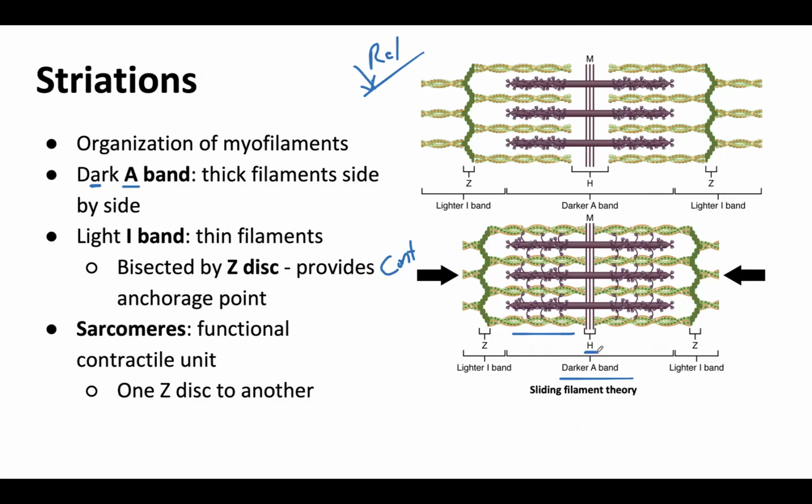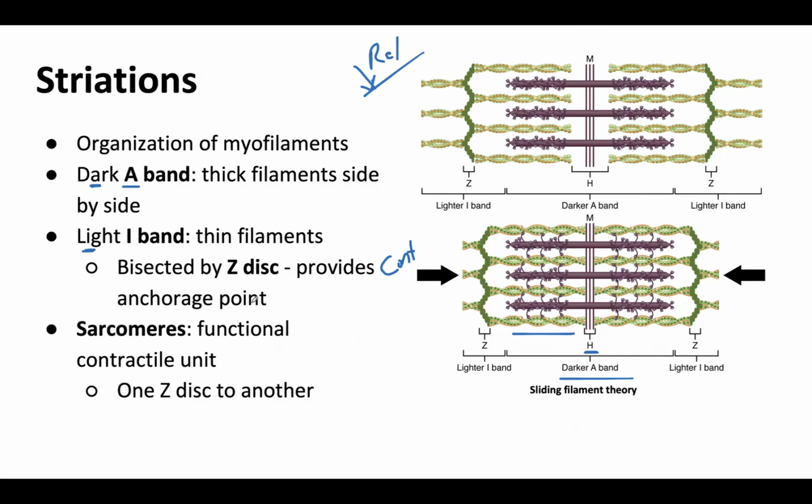All right, the I band is going to be light, and there is an I in light, so that helps in terms of remembering that. This is the area that the thick filament does not extend in a relaxed muscle.